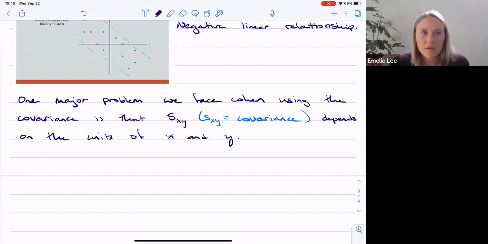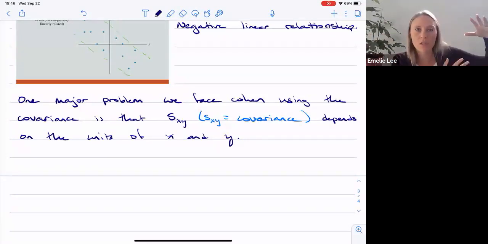For example, I'm 5'7". 5 feet times 12 is 60 plus 7, so I'm 67 inches, right? But I'm also 170 centimeters. So you can see how the magnitude of 170 centimeters is going to change the covariance. I've got larger numbers when I'm working in centimeters versus when I'm working in inches, right?